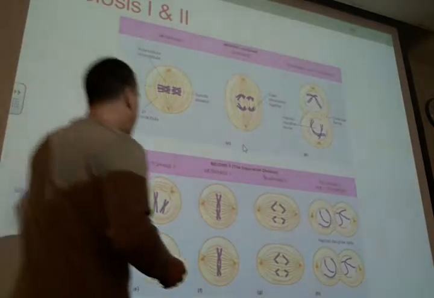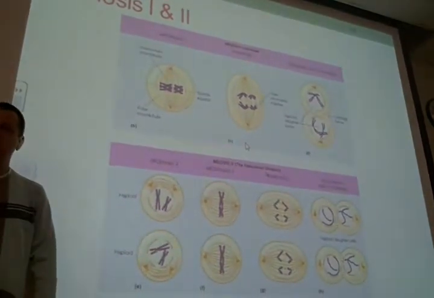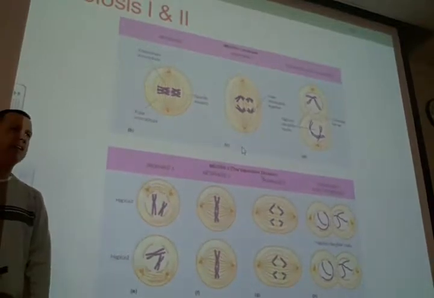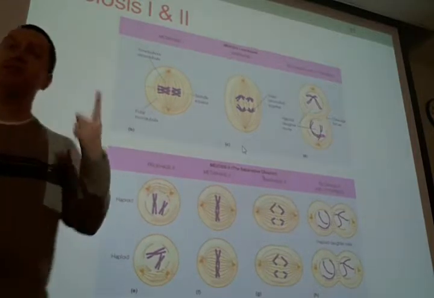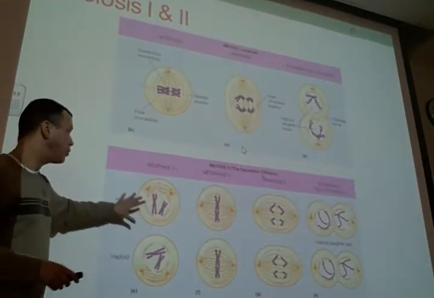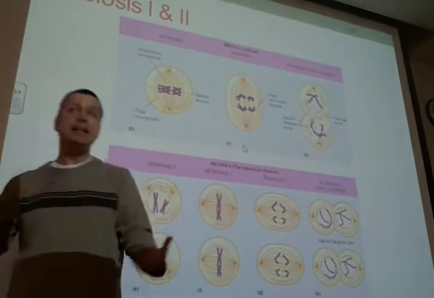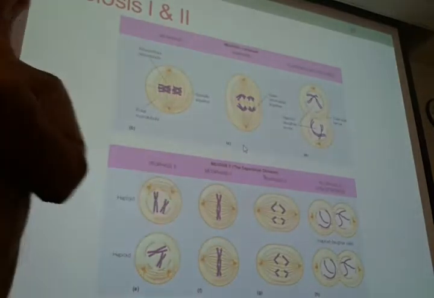So if you look at this bottom figure, it really looks pretty much exactly like mitosis. And it is, except for one important difference. The cells that we're starting with are haploid. Otherwise, meiosis 2 is mitosis, because there are no more pairs to deal with.